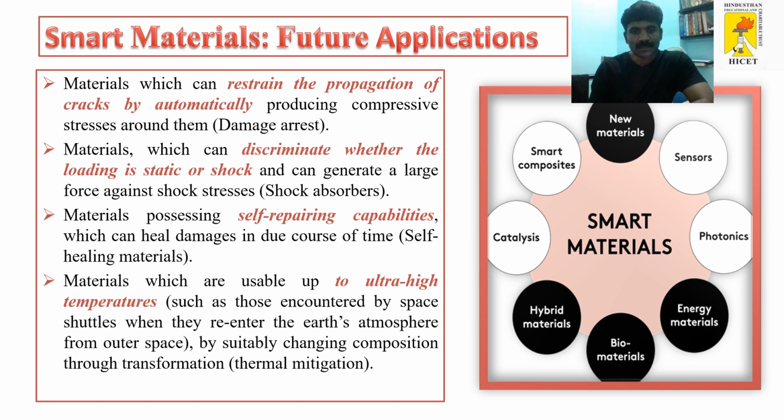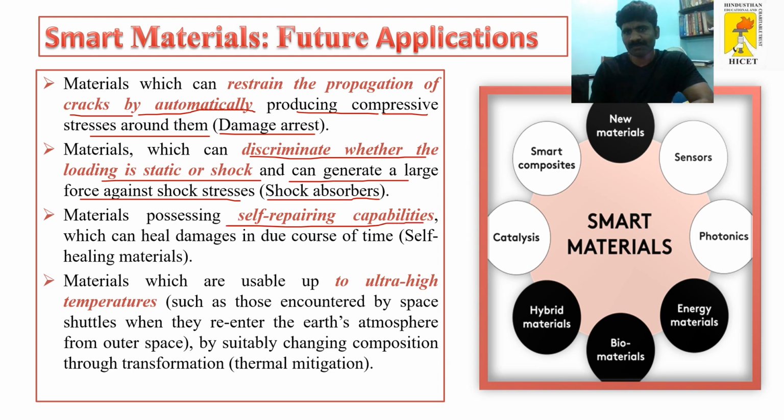So here, some of the future applications are listed. You can see that a smart material can be used to restrain propagation of cracks by automatically producing compressive stresses around them, that is damage arrest. So that can be a material which can discriminate whether the loading is static or shock, that can generate a large force against shock stresses, shock observers.